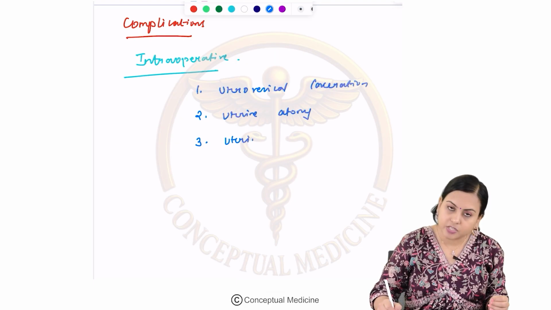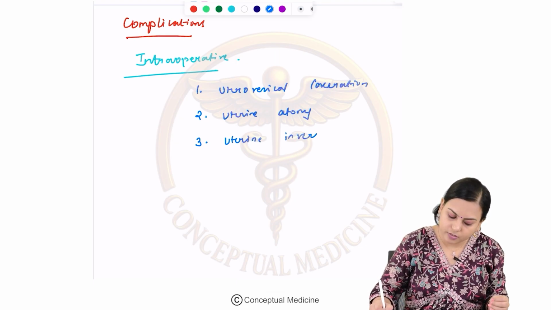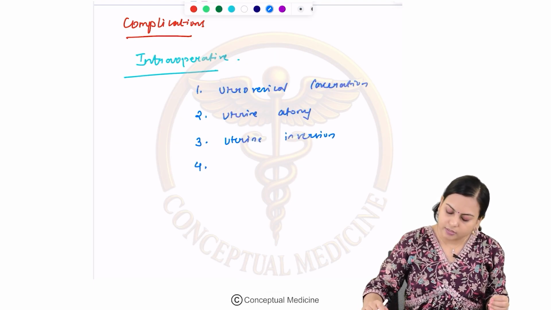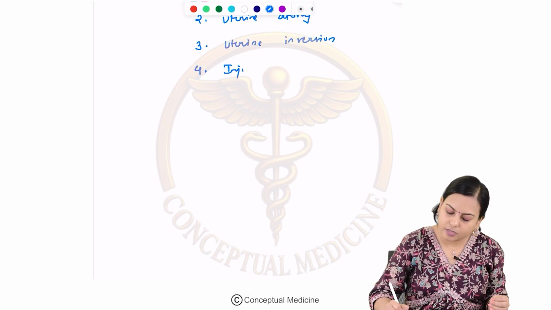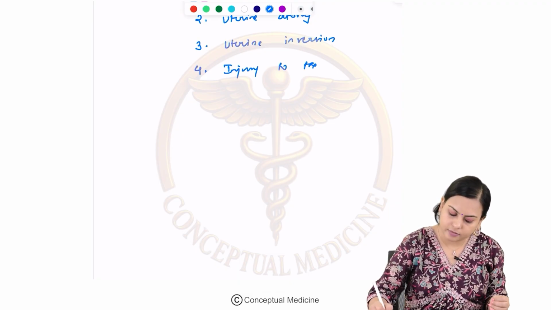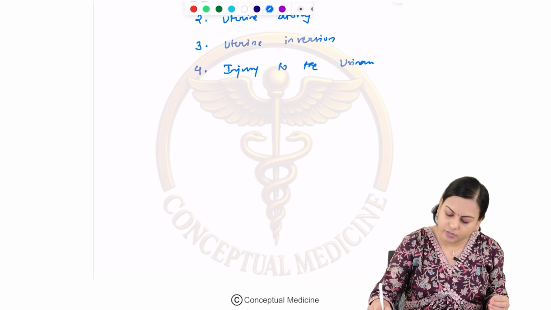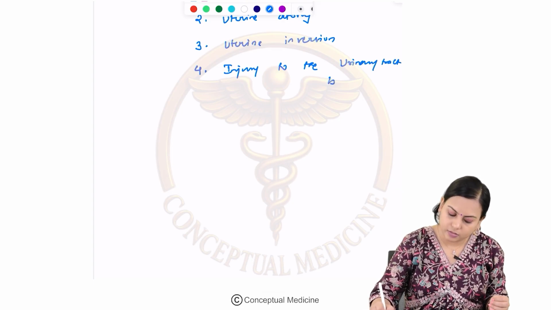Sometimes there can be a chance of uterine inversion also. Then there can be injury to the urinary tract or bowel, or there can be hemorrhage.